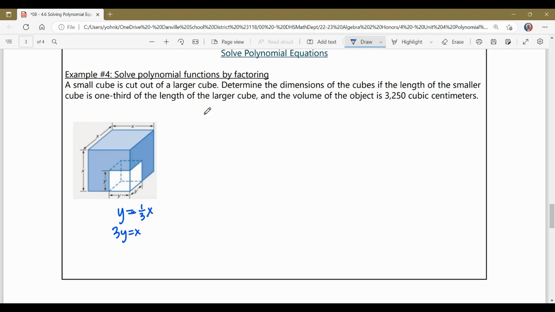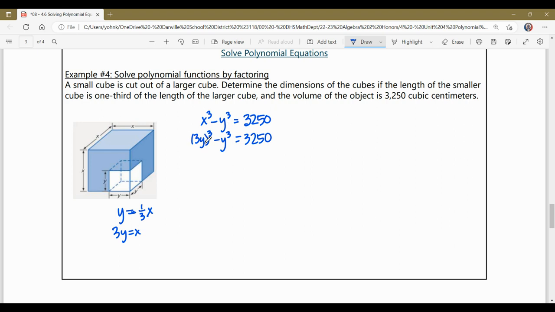Okay, well, volume is length times width times height. So the volume of the entire cube is x times x times x, or x cubed. And if I take out the smaller cube, so minus y cubed, I'm supposed to be left with 3,250. Okay, well, let's replace the x with 3y. So this is 3y cubed minus y cubed equals 3,250.